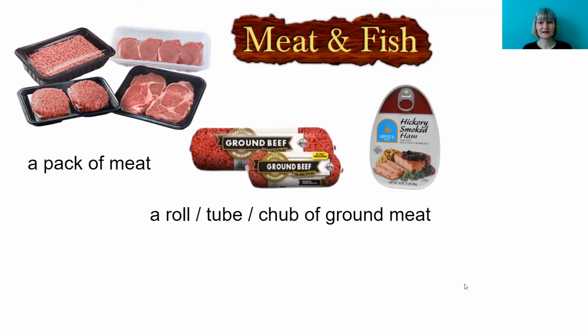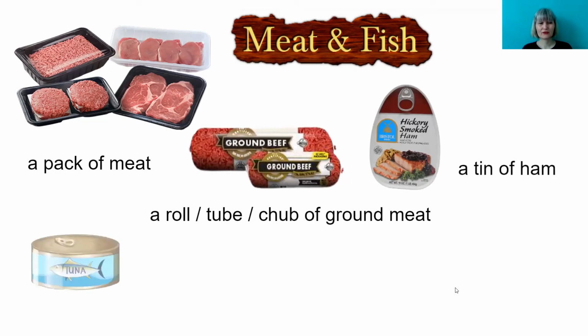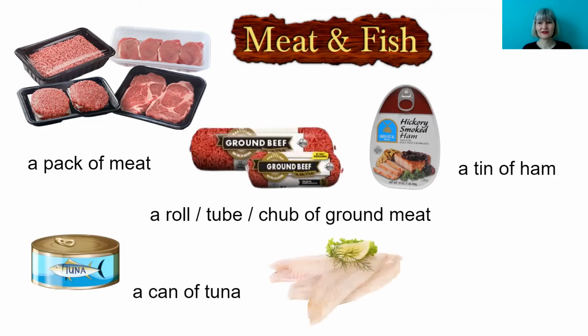If it's canned, если оно у нас в консерве, so we can say a tin of ham or a can of tuna or fillet, да, филе рыбы, fish fillets. So this can be 1 fillet, 2 fillets, 3 fillets, 3 fish fillets.